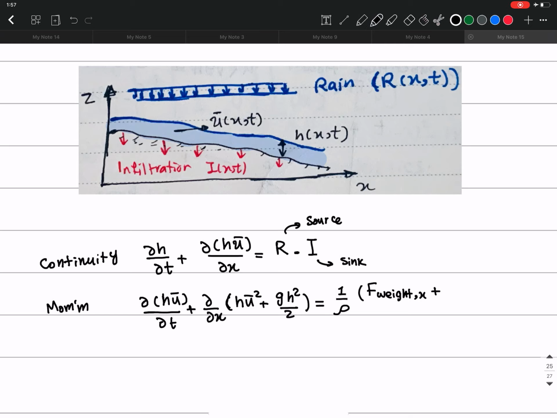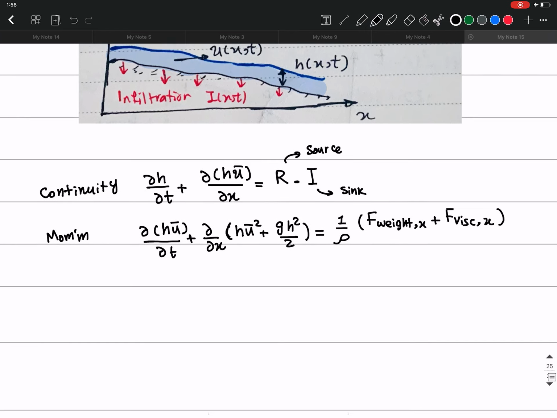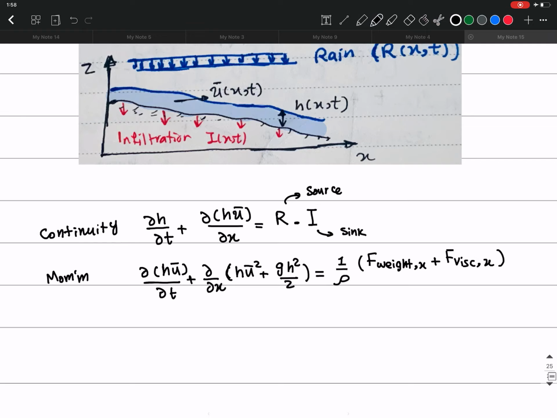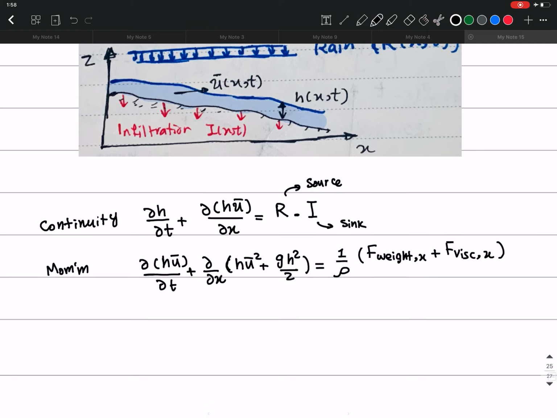And also we have the viscous forces that might decelerate the flow, in reality, in the x direction. Okay, so this is going to be my two equations that I need to solve in order to find the real world depth and velocity of the fluid.